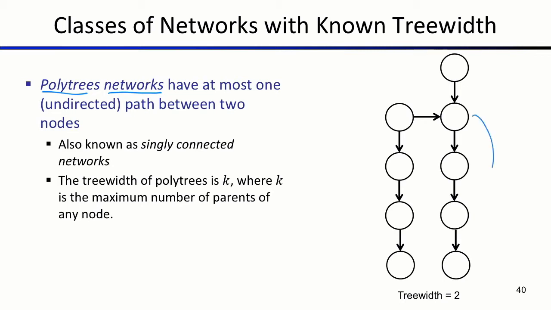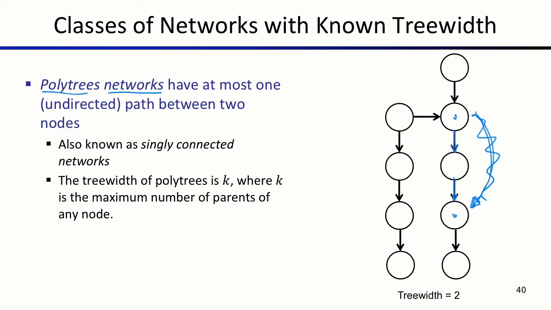So if you look at a network and we introduce a loop, what we are doing is we have now two possible paths. If we think about undirected paths, we have two possible paths between, for instance, these two nodes. One is following these edges and the other one is following the loop, right? But as we defined that the network cannot have more than one undirected path between two nodes, we are eliminating the loops.